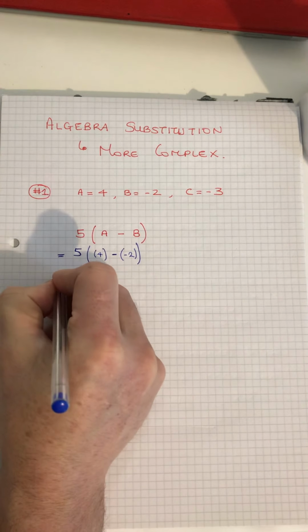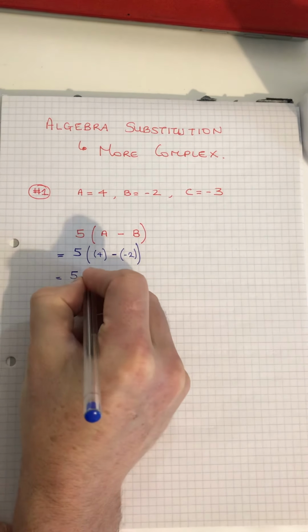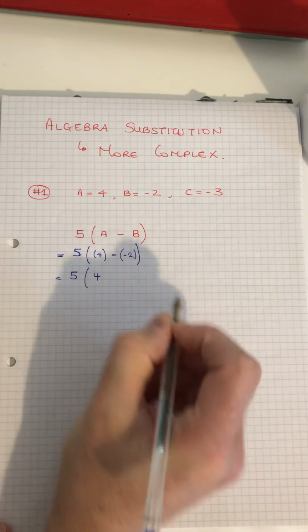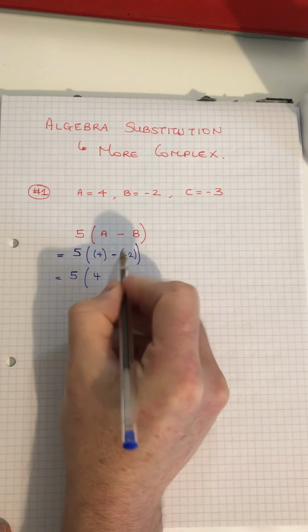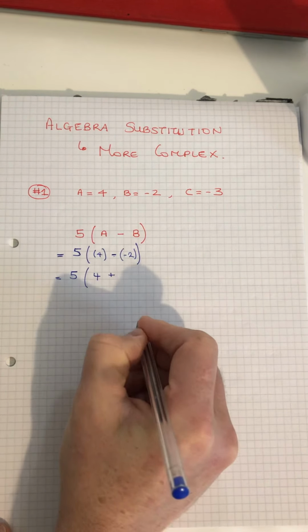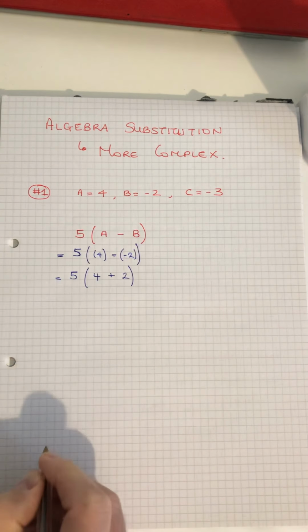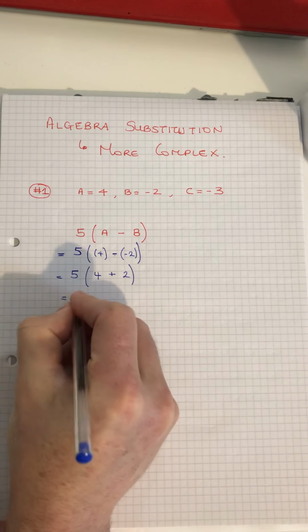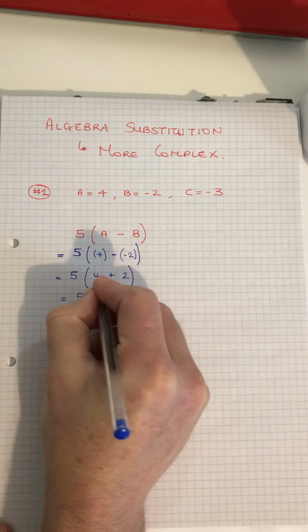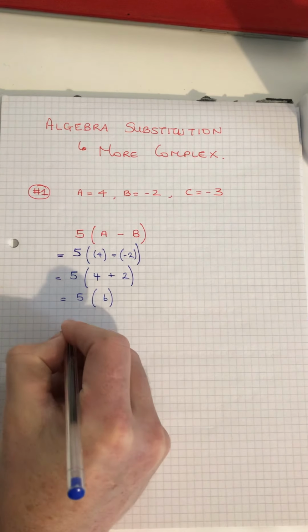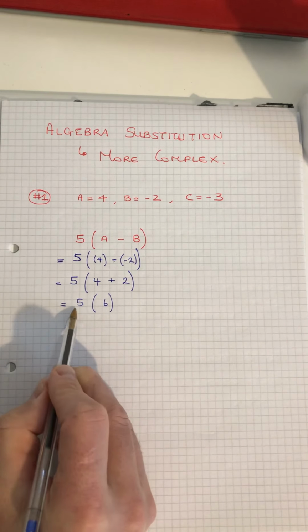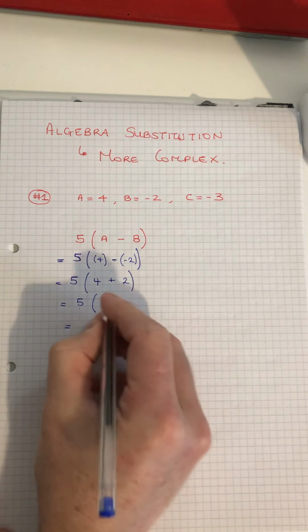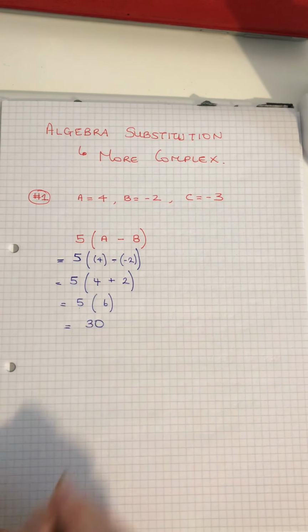Okay, which gives me 5. 4 stays the same, but 2 minuses give me a plus 2. Okay, which is 5 multiplied by 4 plus 2 is 6. And the very last thing we do, we multiply the brackets, we get 30.